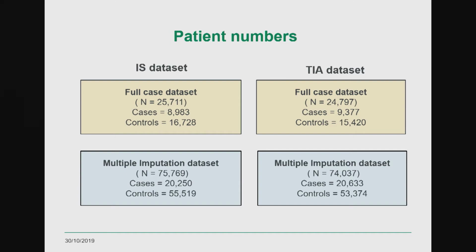And then from the blue box going to the yellow box, this is the full case, where we take out all of the records with missing variables, and then we have all those records with full information. So we have our full case data set. We do survival analysis on the full case data set because that survival model will inform our multiple imputation data set.